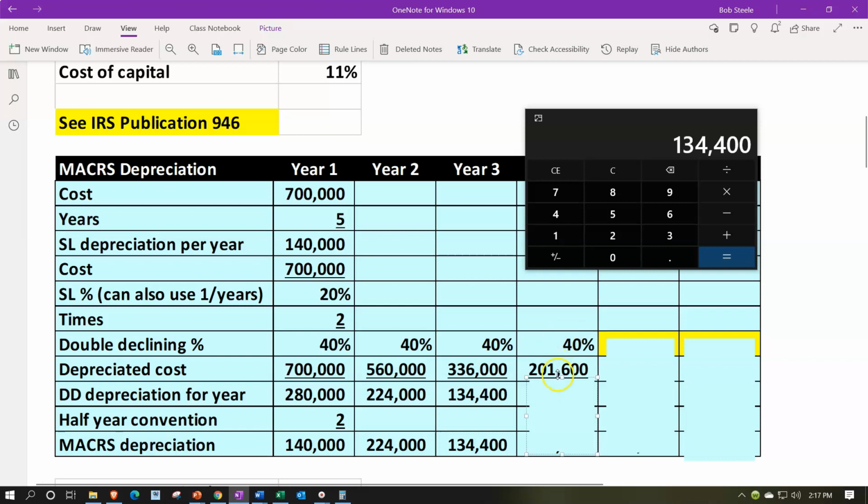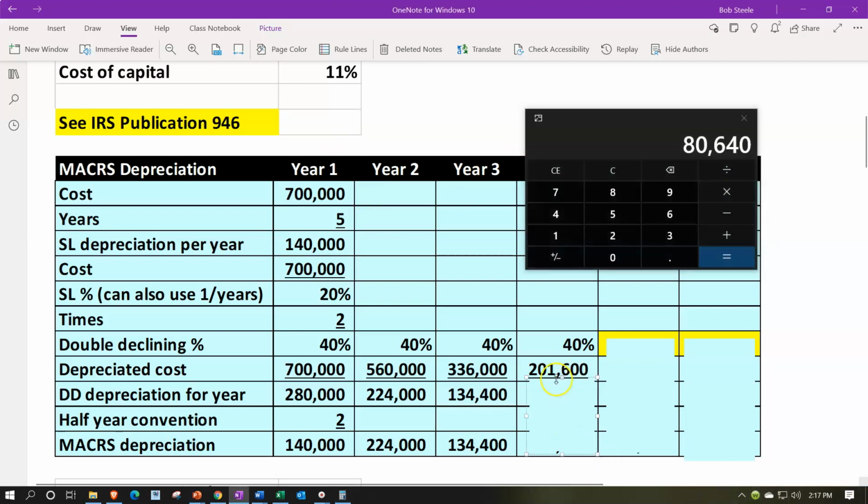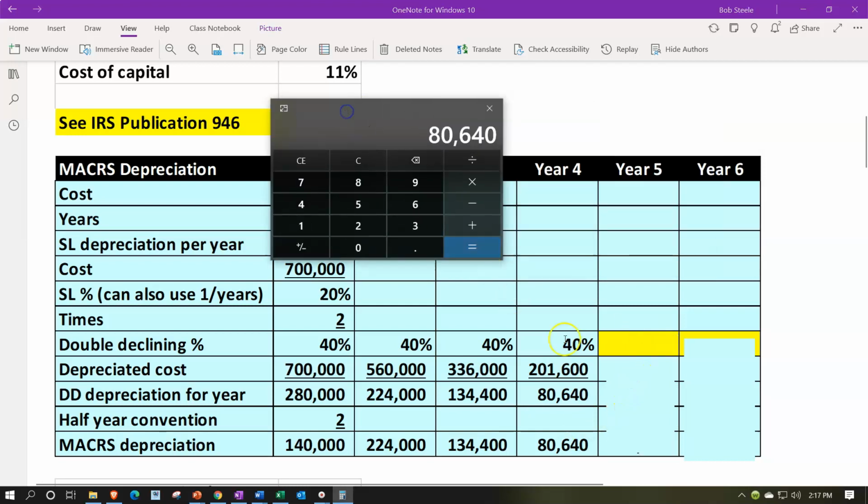Then year 4, the 40% times the 336,000 minus the 134,400 depreciated in year 3 gives us 201,600, times 0.4, which gives us 80,640.